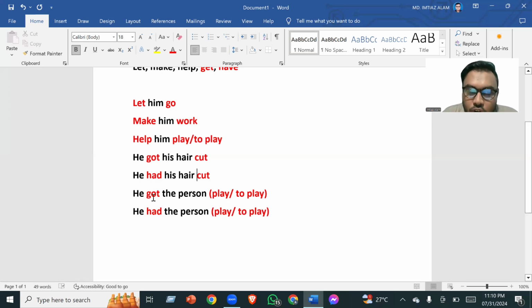When we see got, and after got the person, then the answer will be to plus base. And when we see had being the causative verb, and after had the person or human-like words, the next verb will be transformed as base.